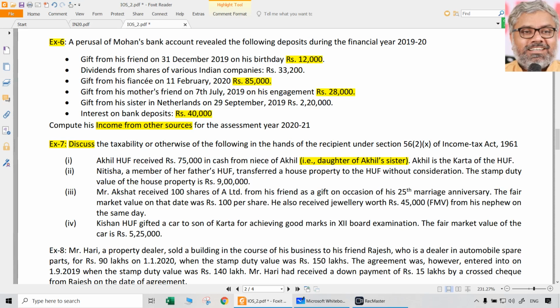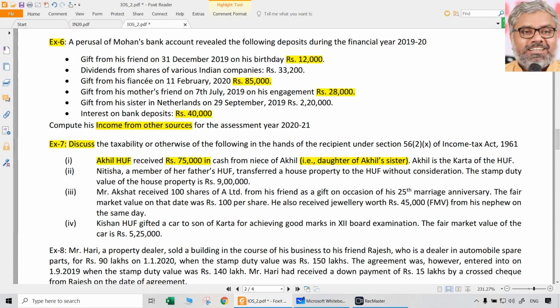Which means the niece of Akhil is not a member of Akhil's HUF, so the gift of 75,000 is received by the HUF from a person who is not a relative as per the definition. Hence, the 75,000 is taxable in the hands of Akhil HUF.